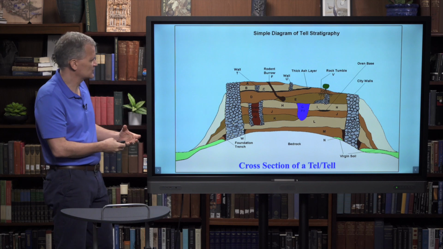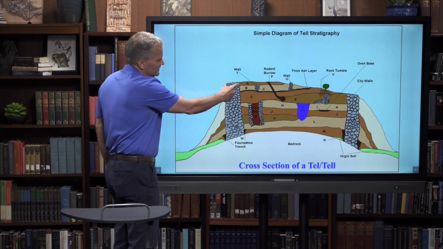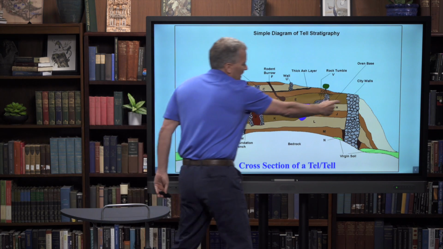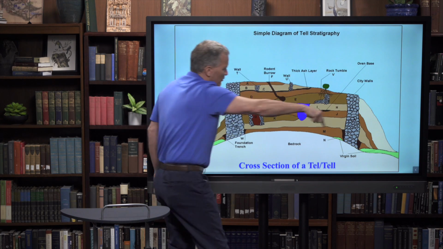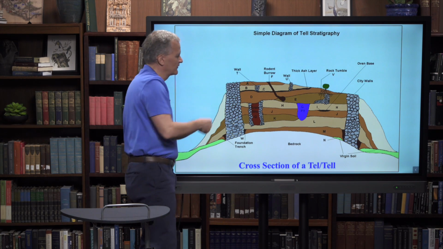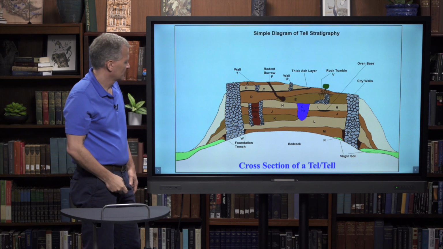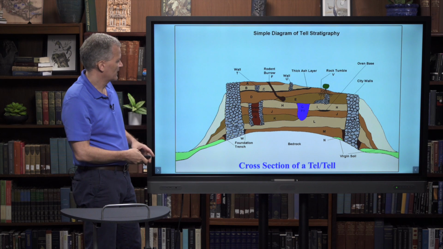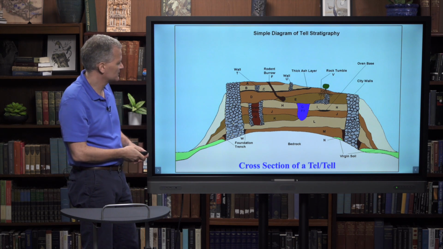Here's another cross-section just to show you a little bit different of a flavor. With this view, we can see one part of the city wall on this side and another part of the city wall on this side. And of course, the city wall would have come all the way around in a full circle. And this represents the time periods, the city wall that would encompass, in many cases, several time periods.